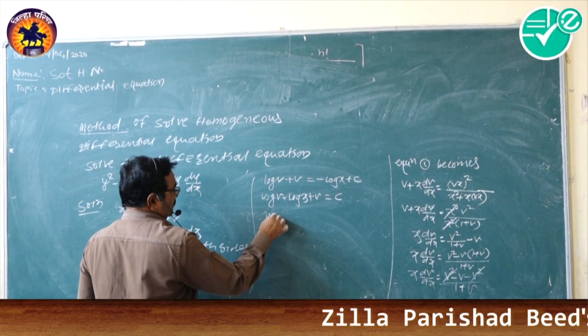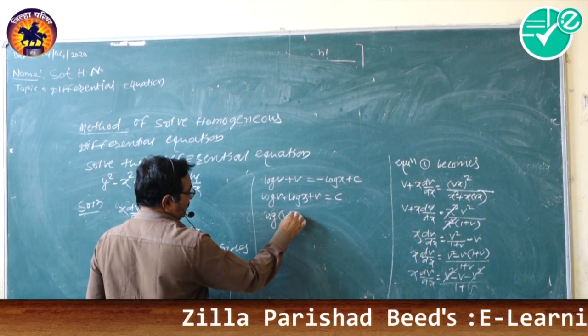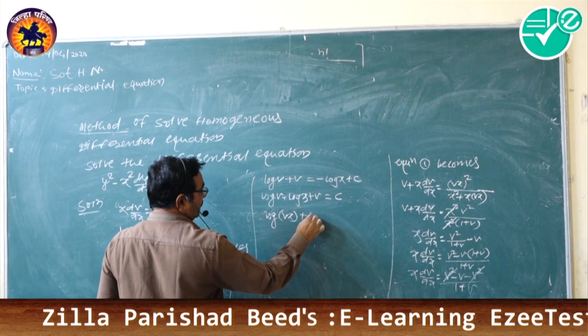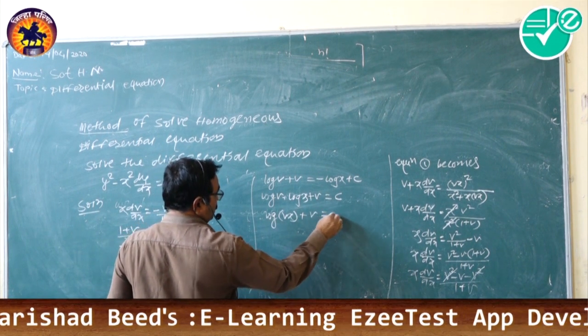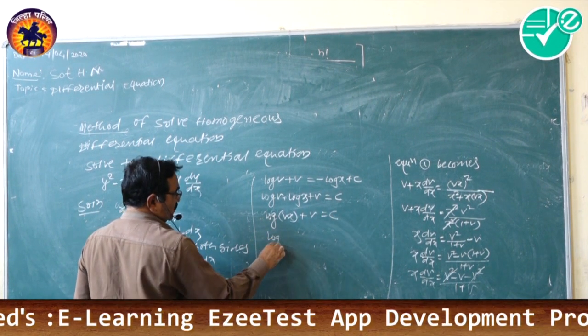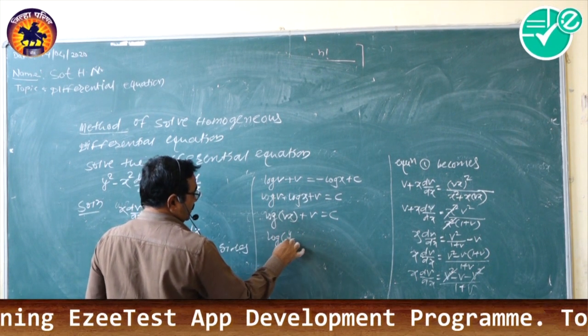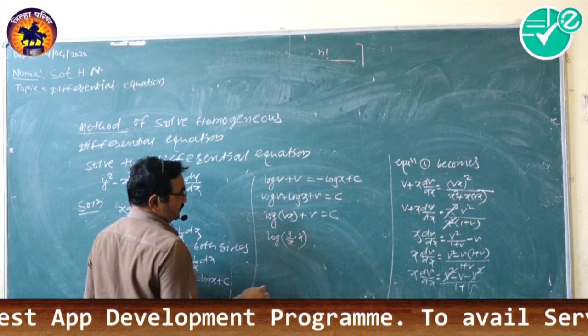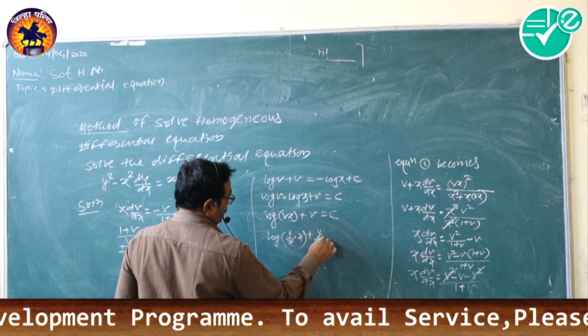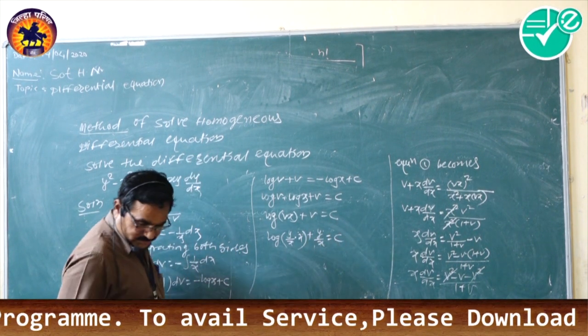This is log of vx plus v equal to c. This is log of y upon x into x plus y upon x equal to c.